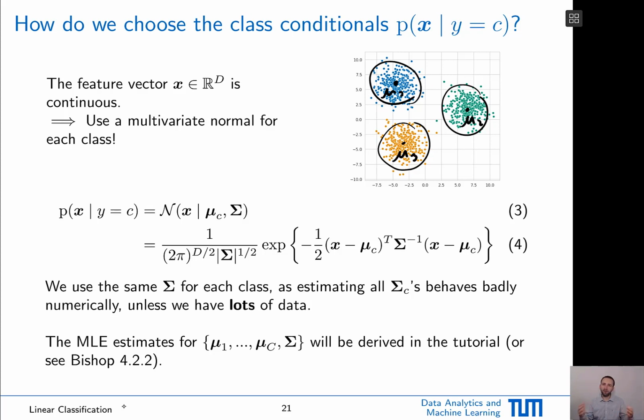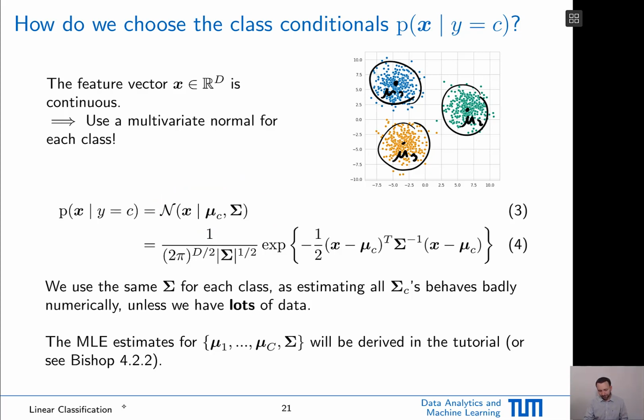Still, this hopefully might be a valid assumption, and if this assumption holds to some degree, then we might get a nice classifier at the end of the day. But if the assumptions are completely violated, as you might expect, then the classification result at the end might also not be very good. It might not generalize, okay? So please be careful what you pick here. Gaussian might be a good case, but don't expect that your data perfectly follows a Gaussian.